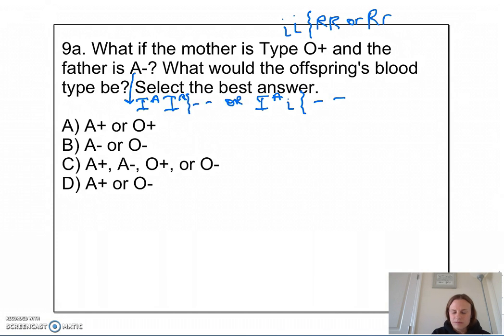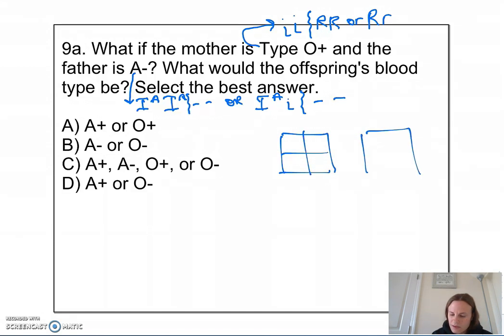So here are the possible genotypes, if I have a mother that's O positive and a father that's A negative. What I would do is set up some Punnett squares. The first set of Punnett squares deals with the blood type, where I can put the mom on top and the two possibilities of the dad along the side.